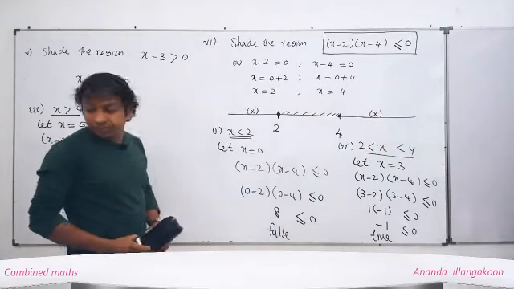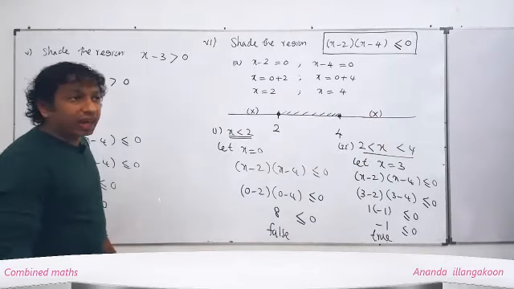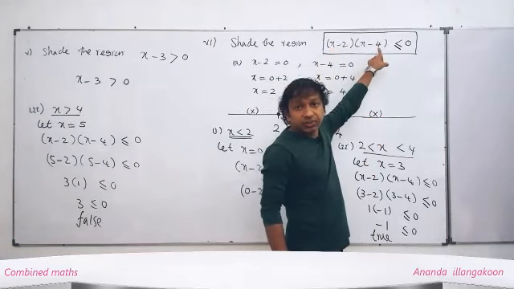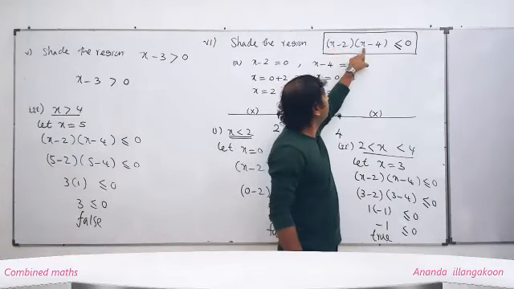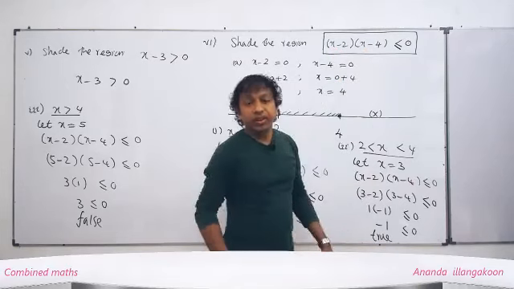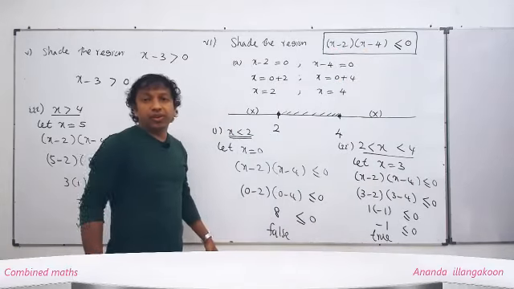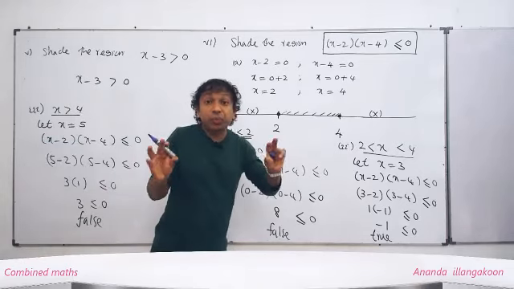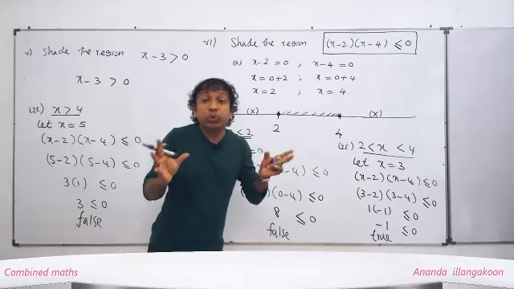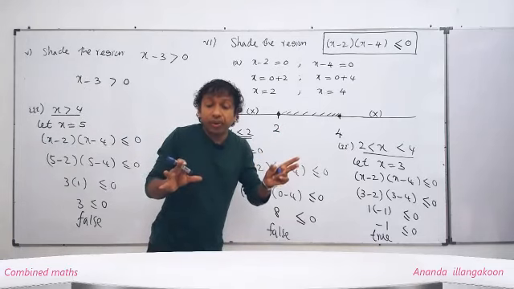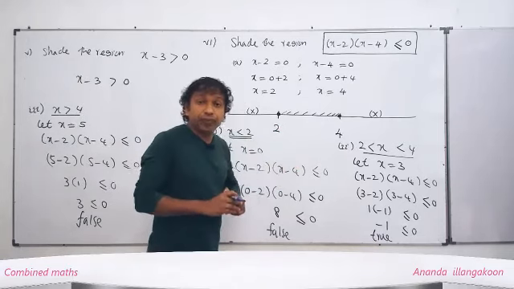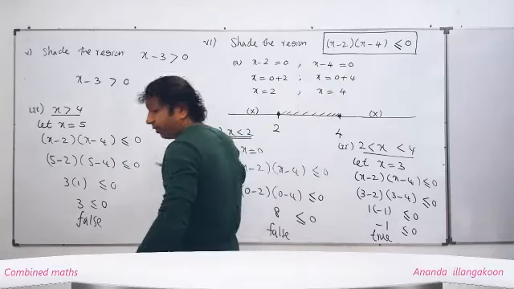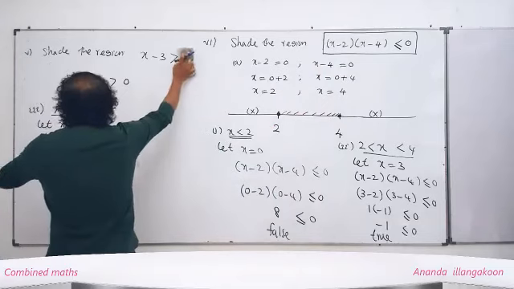Right, people? Now, can you tell me then the real numbers for this x available in what region? Between 2 and 4, including both. Why do we say including both x, 2 and 4? The reason is, when I put x equals 2 here, see what happens.